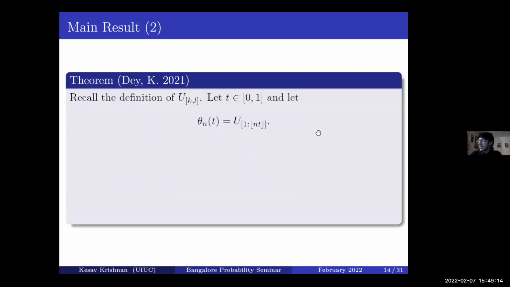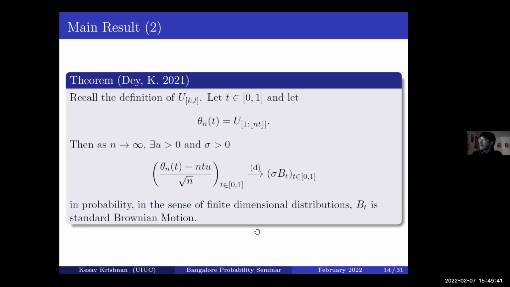The second result that we establish has more to do with the structure of a typical matching. So where are the unpaired vertices going to be located? Suppose you have the section going from 1 to n times t, and you look at the number of unpaired vertices within that section.